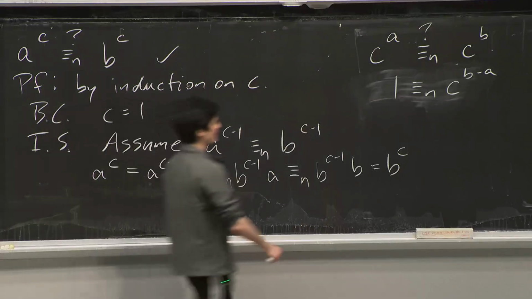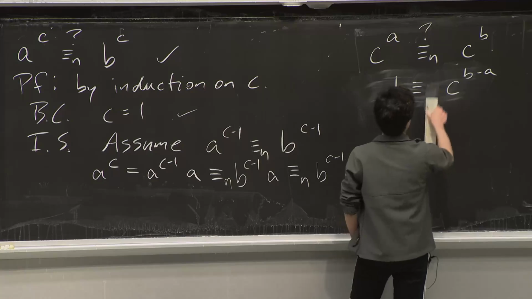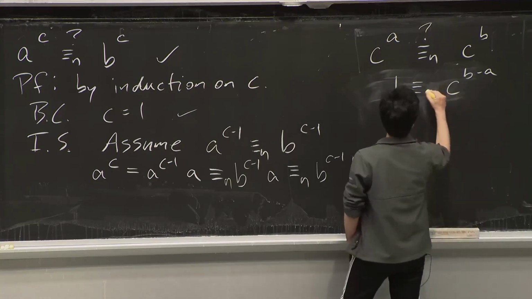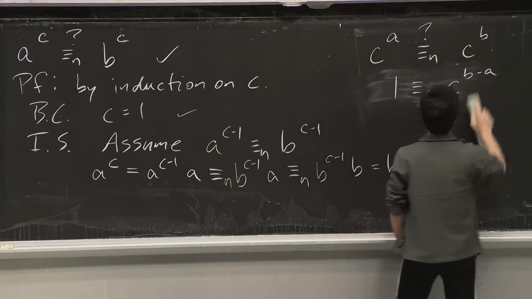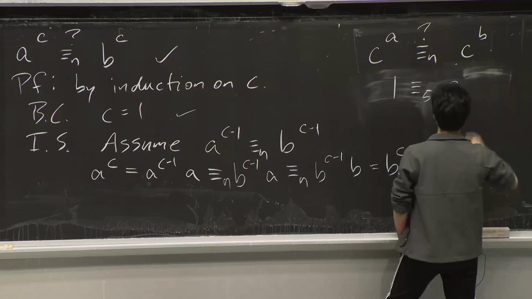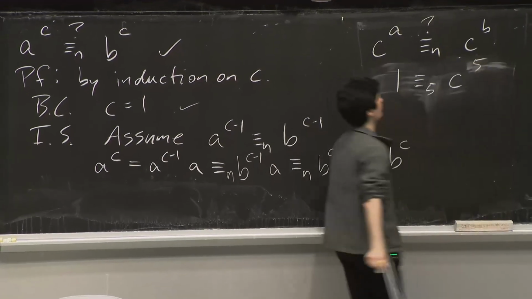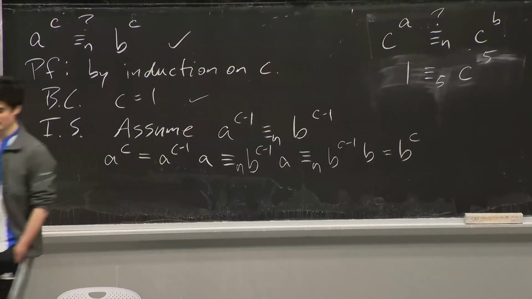Okay, let's look at a concrete example. Let's keep trying to look at 5. Let's say b minus a is also 5. Is this a true statement?